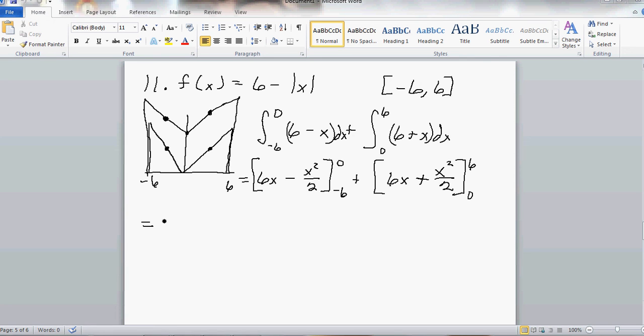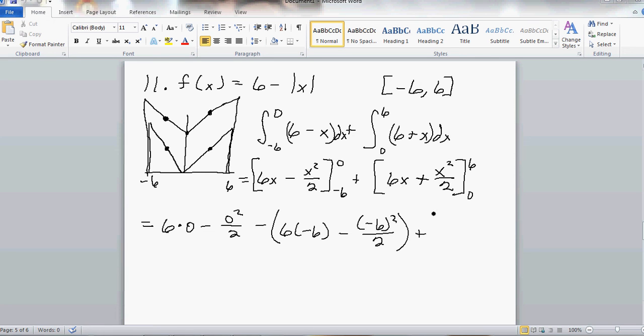Okay, plugging in 0, I get 6 times 0 minus 0 squared over 2, minus the whole thing. Plugging in negative 6, I get 6 times negative 6 minus negative 6 squared over 2, plus.